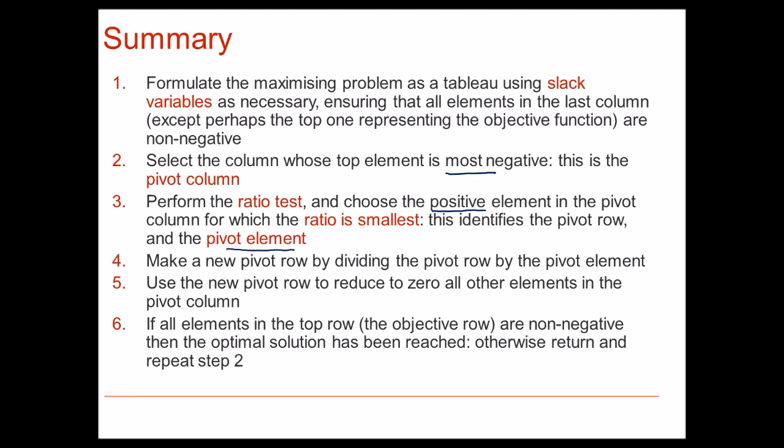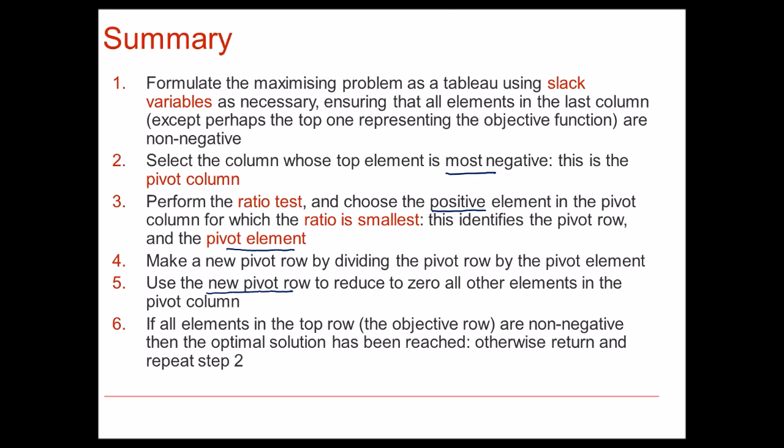So we then have to make the pivot row have a 1 in that pivot element, so we divide it by the pivot element. Then we use this new pivot row to reduce to 0 all the other elements in the pivot column by various operations, which is useful to state to the right.